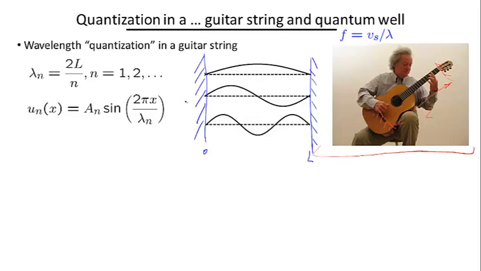The longest possible wavelength that achieves that is lambda equals 2L. This is the fundamental oscillation, the longest possible wavelength that we can induce in this string. Because if we try to make the wavelength even longer, it would imply that we would have either no node at this point or no node at this point, and this would violate our boundary condition.